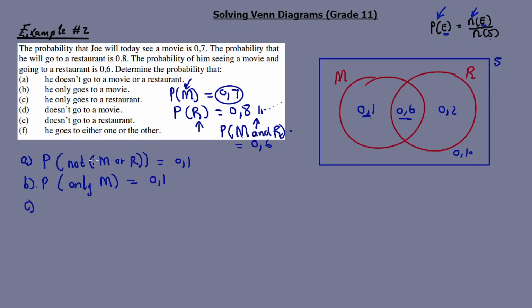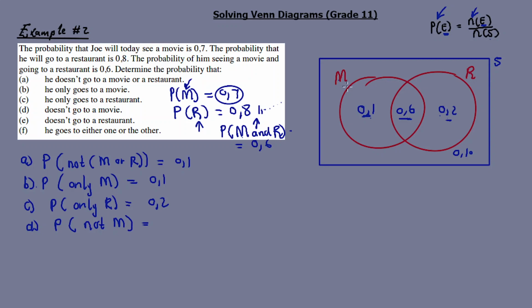C, he only goes to a restaurant. Only R, the restaurant, it's this one, 0.2. D, doesn't go to a movie. We just write it as not going to the movie.